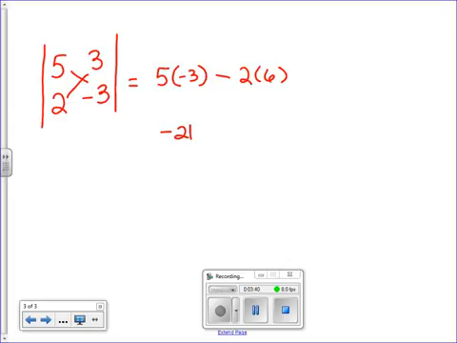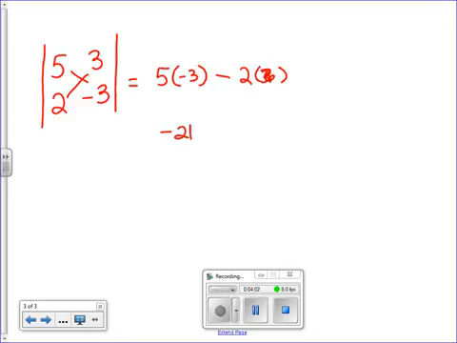Oh, 2 times 3. I was doing it in my head as I was saying it. 2 times 3 is 6. Sorry about that. Okay. So that's your determinant, okay?